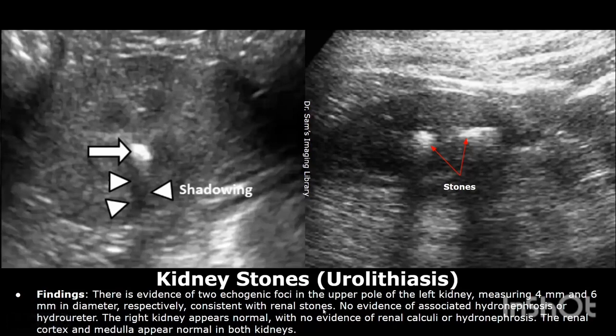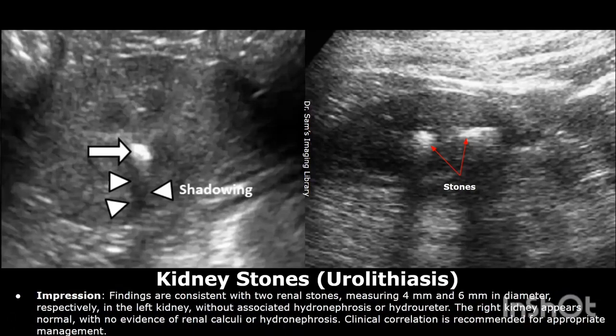There was no associated hydronephrosis or hydroureter in this case, and the right kidney was normal with no evidence of calculi or hydronephrosis, and the renal cortex and medulla appeared normal in both kidneys.